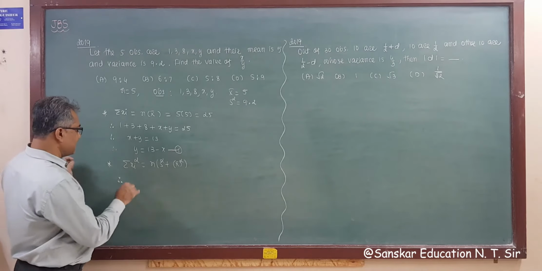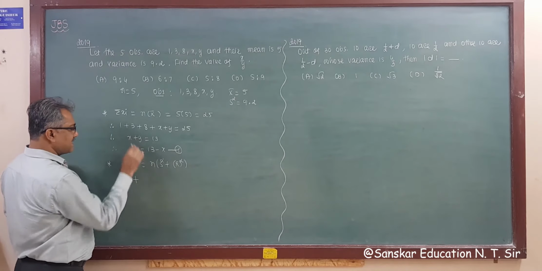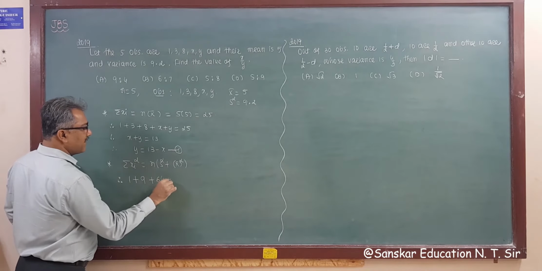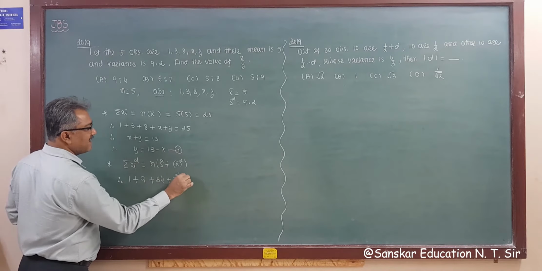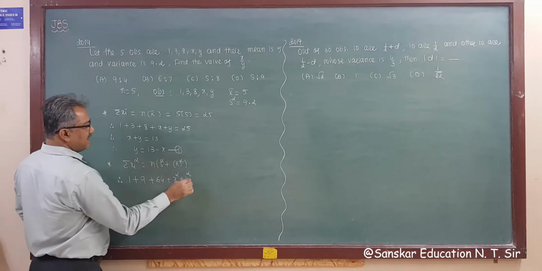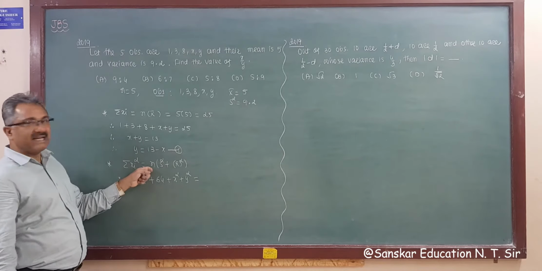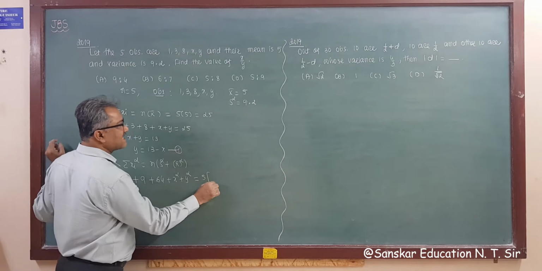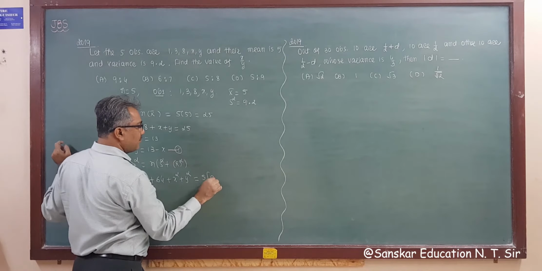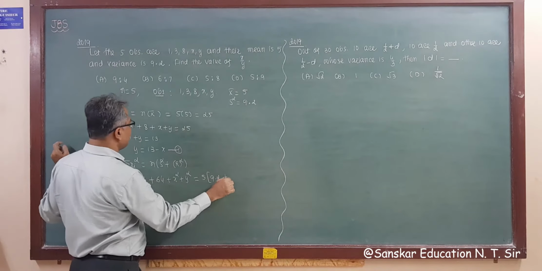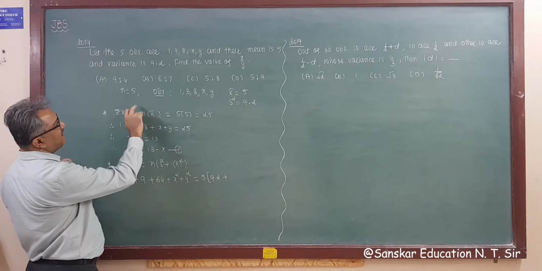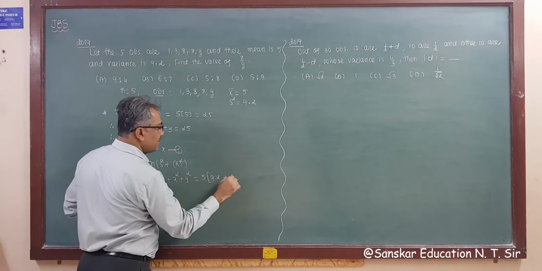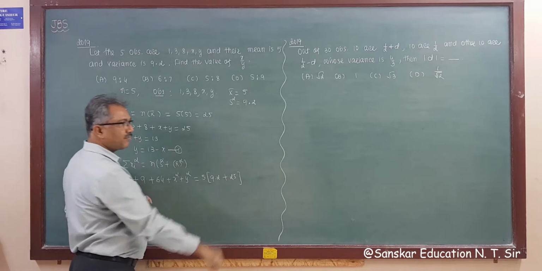So 1 square is 1, 3 square is 9, 8 square is 64, plus x square and y square, is equal to n, which is 5, into s square 9.2 plus the mean x bar 5, so 5 square is 25.